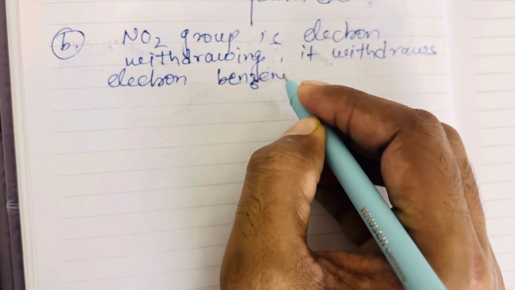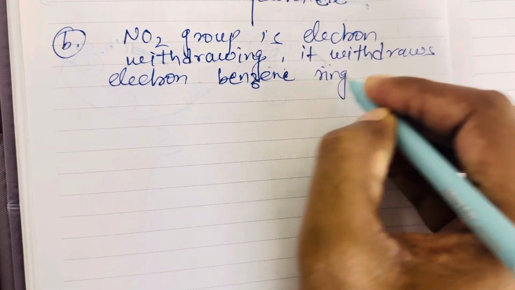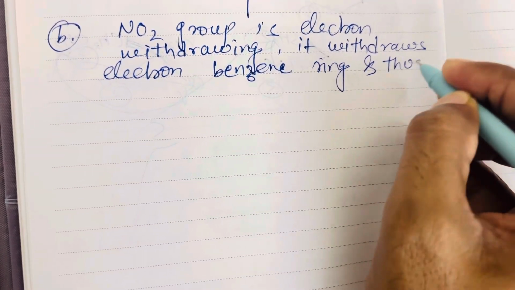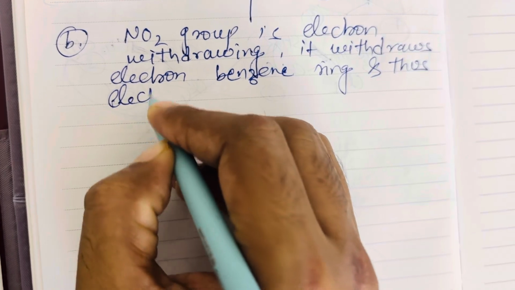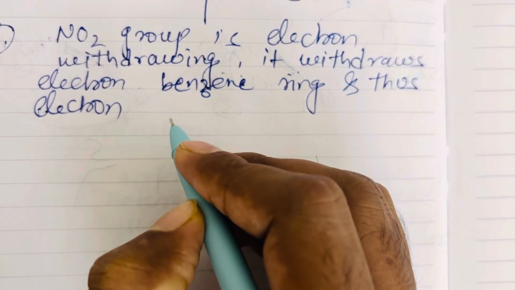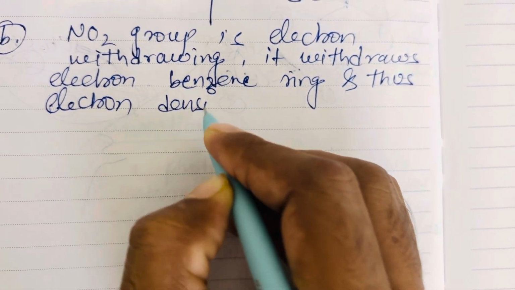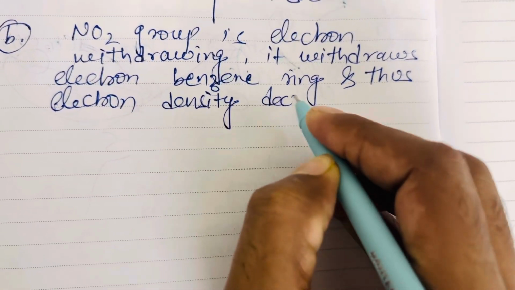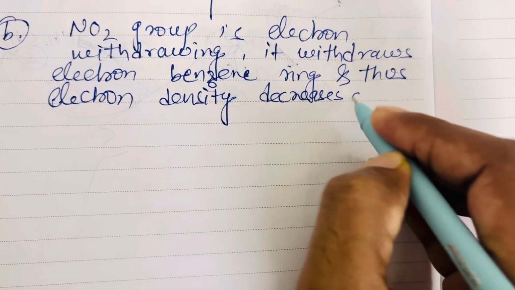from the benzene ring, and thus electron density decreases on benzene.